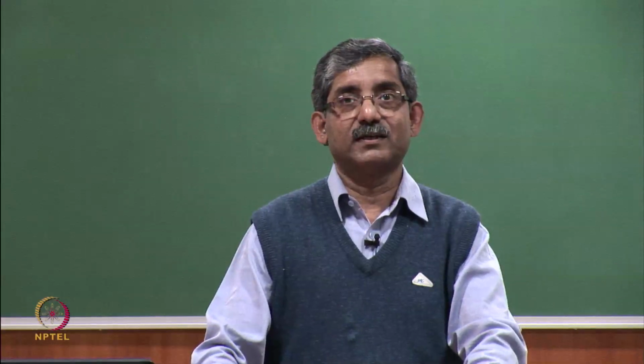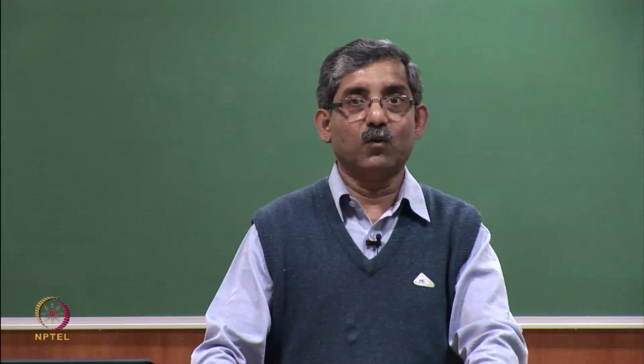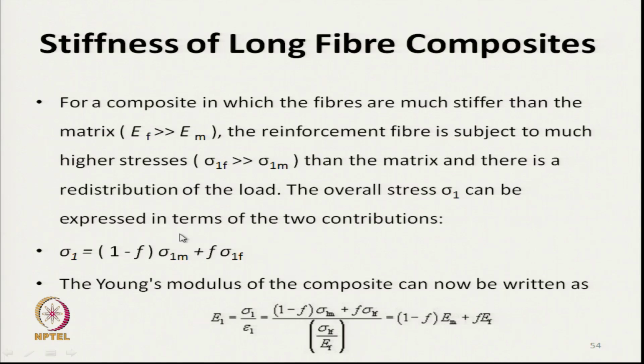Overall stress sigma 1 can be expressed in terms of two components based on their volume fractions: 1 minus f, the volume fraction of the matrix, multiplied by the stress on matrix, plus the volume fraction of fiber multiplied by the stress on fiber.